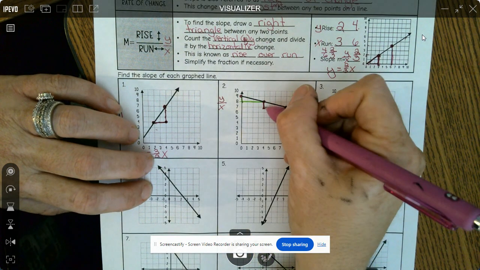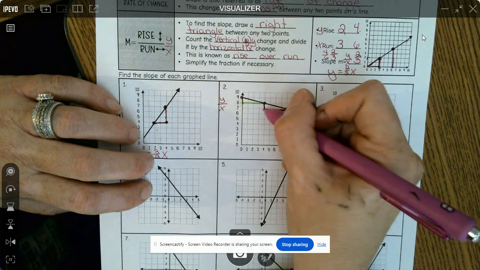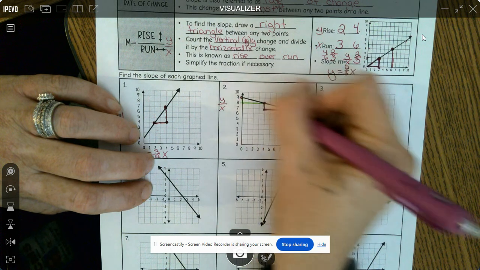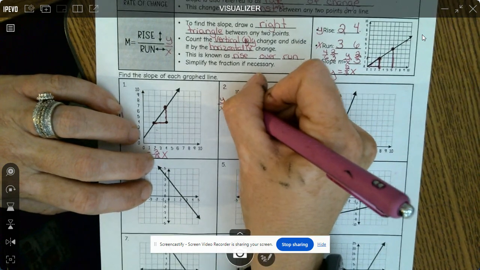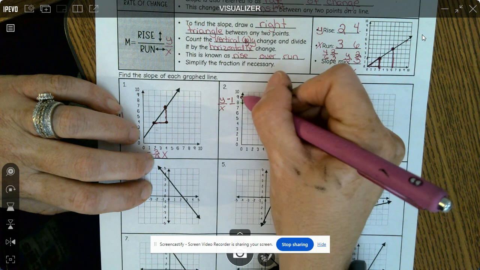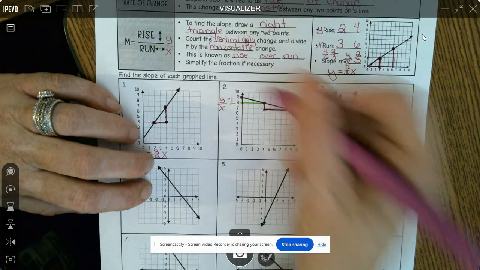All right, for our y, for our rise, how far from here to here did you guys go? 1, right? But because it's going down, it'll be a -1. From here to here, how far did you go? 1, okay.